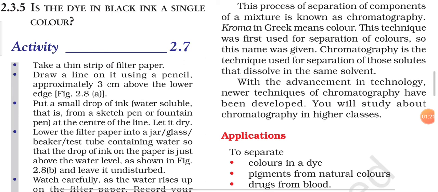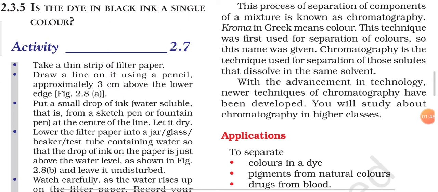What this point is actually saying is that whatever solute we have taken, for which we want to know whether it is a mixture or a pure substance, for example dye, we have to take only that solvent in which the solute is soluble. We know that dyes are water soluble in nature, they can dissolve in water, and that is why we took water in the jar, in the vessel.